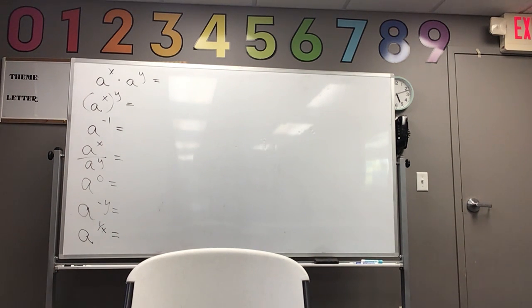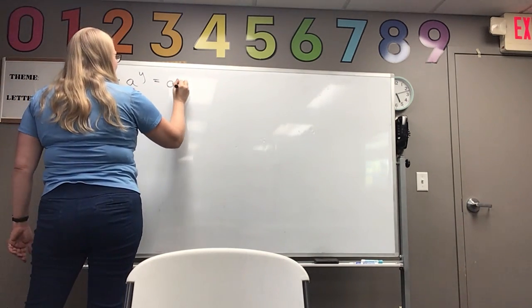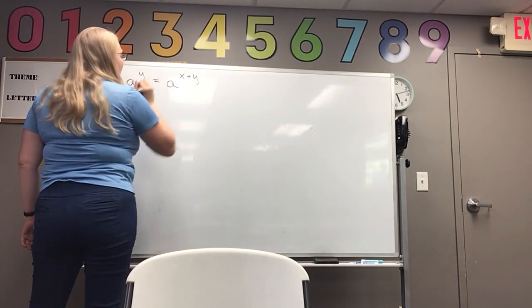Refreshing our rules, if we are multiplying the same base, 2 different exponents, what is our simplify rule? What do we do to combine these two? Add the exponents. So we have a to the x plus y.